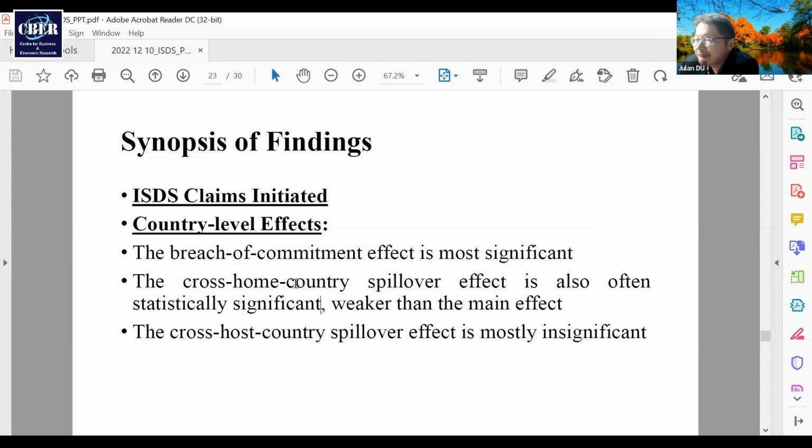That means if other home country investors have trouble with the focal state government, focal home country investors could be discouraged from investing in the focal host state. But this spillover effect is still weaker than the direct main effect. And we found that the cross-host country spillover effect is mostly insignificant.